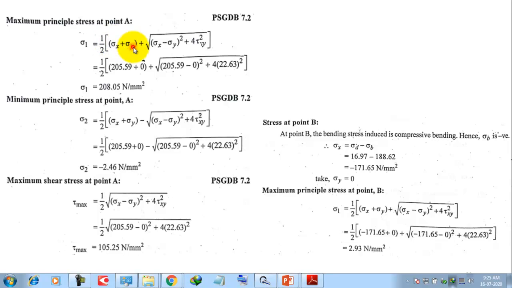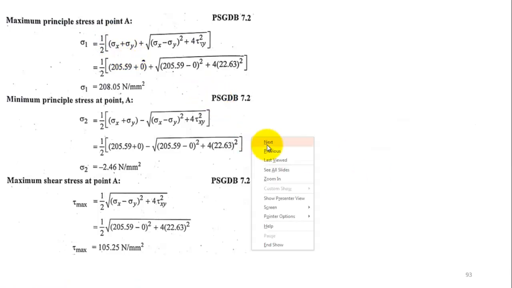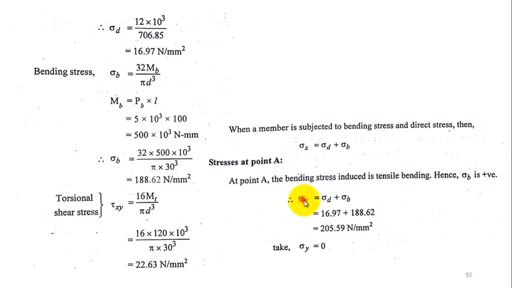We calculated the direct stress, the axial stress. Sigma x and sigma y are components of that stress. This is the sigma x, the normal stress acting along the x-axis at point A.